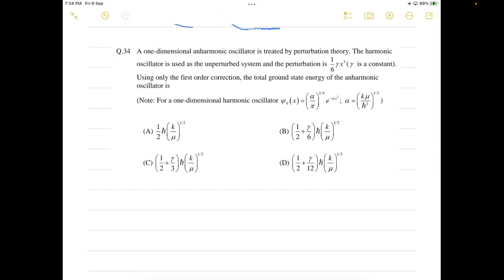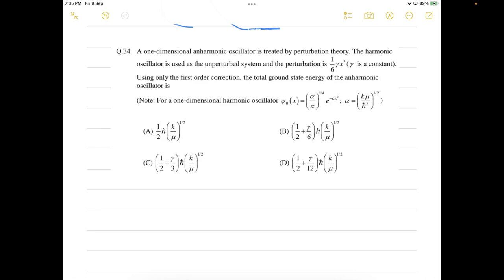Okay, so this is question 34 from the 2018 paper, and this is a question about perturbation theory in quantum mechanics. The question says a one-dimensional anharmonic oscillator, which means it is not a harmonic oscillator, is treated by perturbation theory.